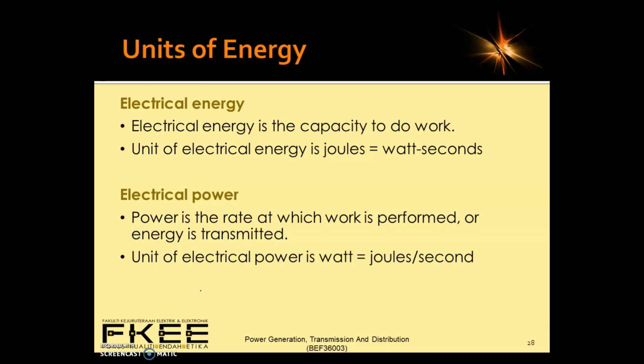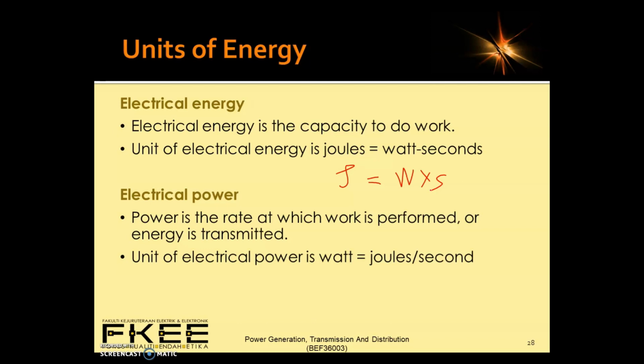The most important forms of energy are mechanical energy, electrical energy, and thermal energy. The unit of electrical energy is joules, equivalent to watt seconds. Watt times seconds is joule.